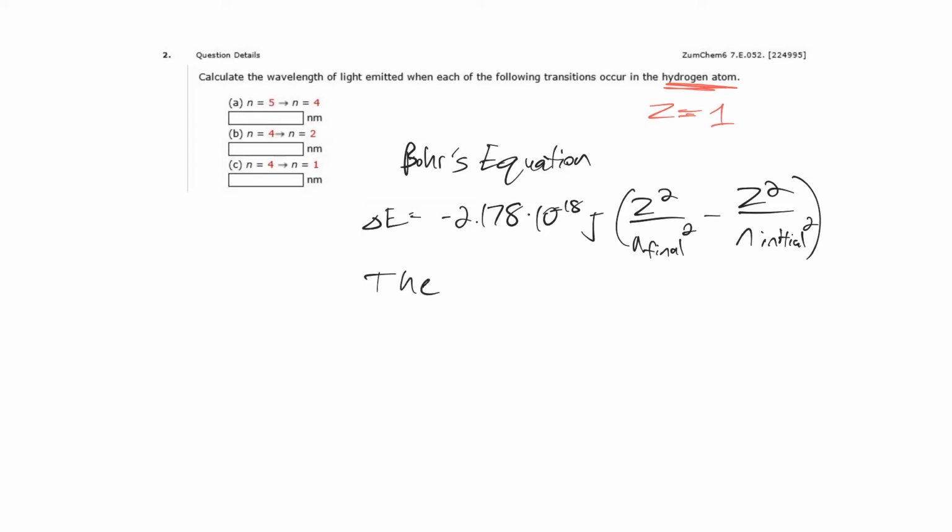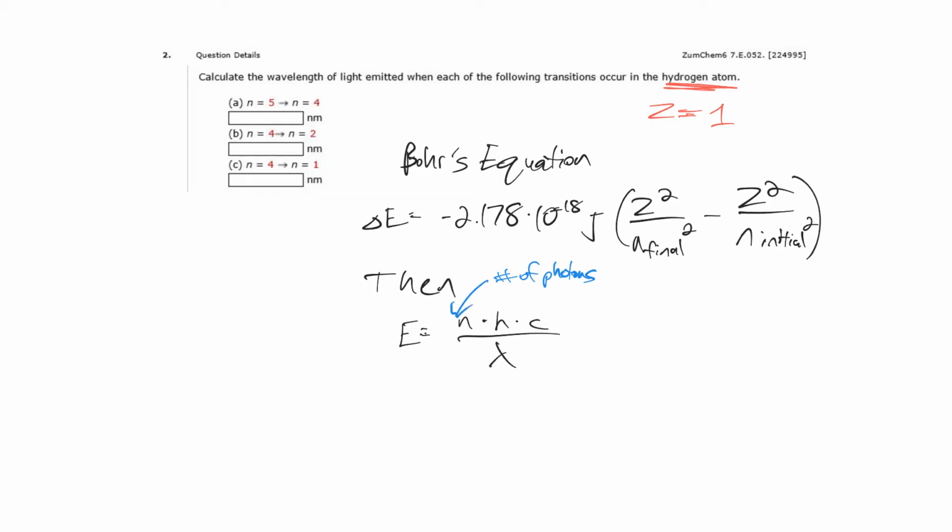Then, once you get an energy, we're going to use the equation that involves Planck's constant. I like to include number of photons, n times h times speed of light all over wavelength, where n is the number of photons that we're talking about.